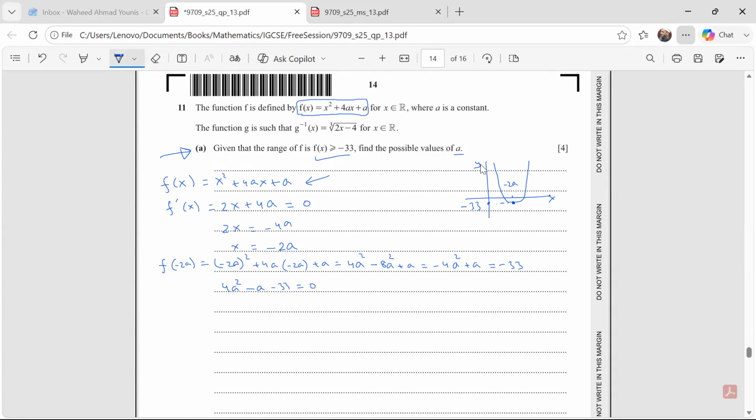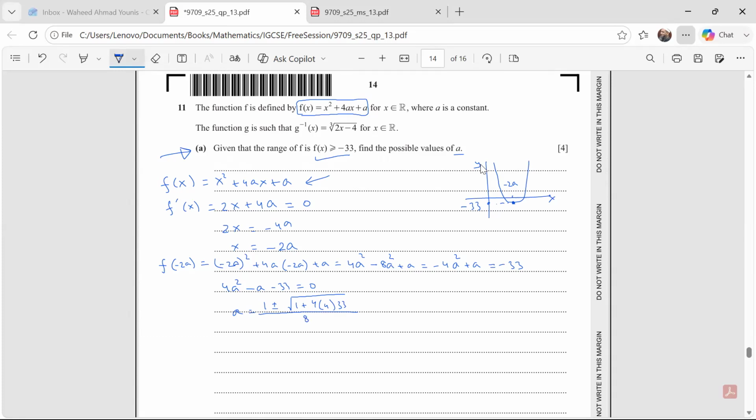From this equation, we can solve and find the value of a. This is a quadratic equation, so a is equal to minus b, so this is plus 1, plus or minus the square root of b squared minus 4ac, where a is 4 and c is negative 33, divided by 2a, which needs to be 8.